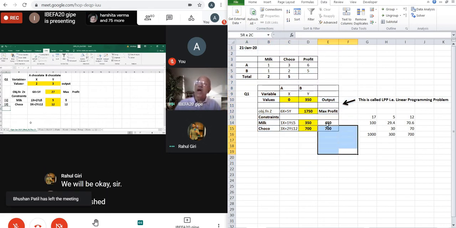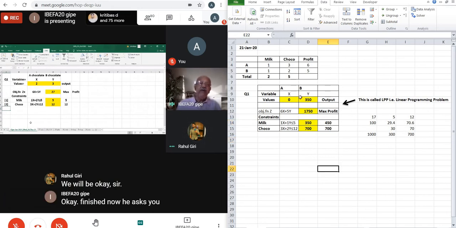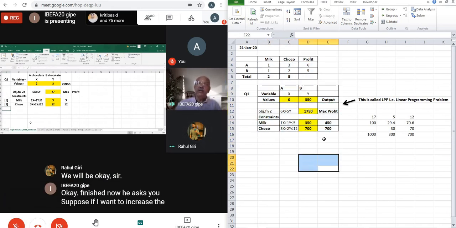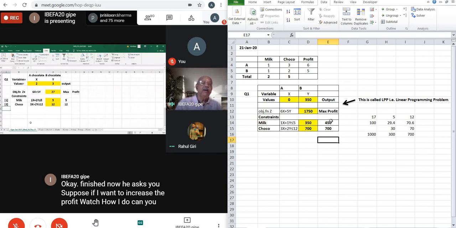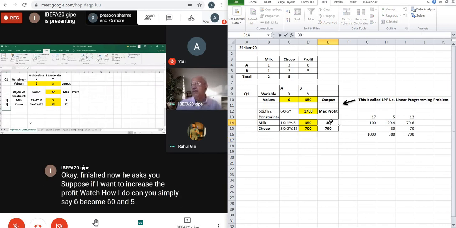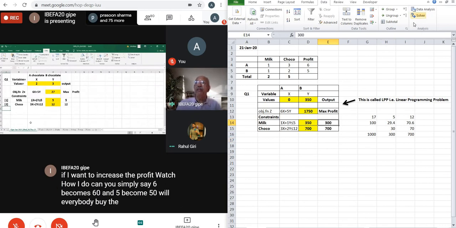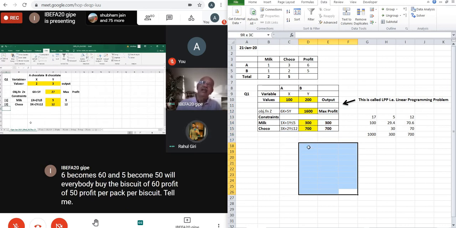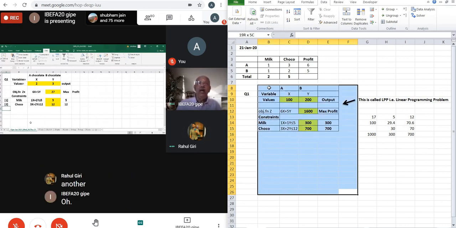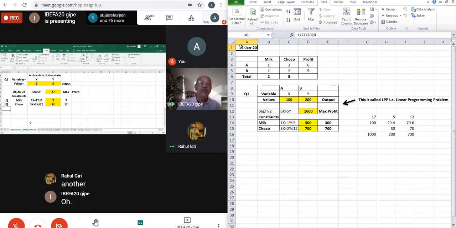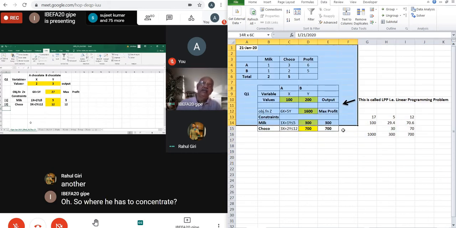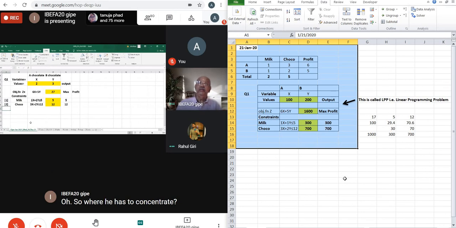Finished. Now he asks you, suppose I want to increase the profit, what shall I do? Can you simply say 6 becomes 60 and 5 becomes 50? Will anybody buy the biscuit at 60 profit and 50 profit per pack? No, sir. So where does he have to concentrate? Resources.